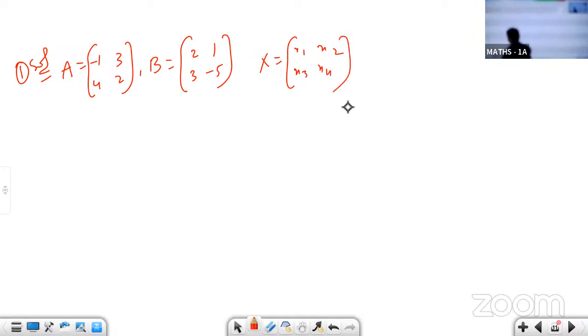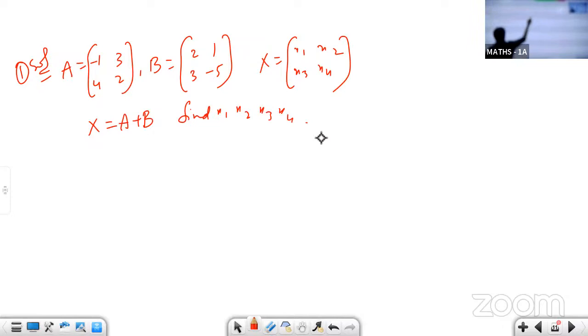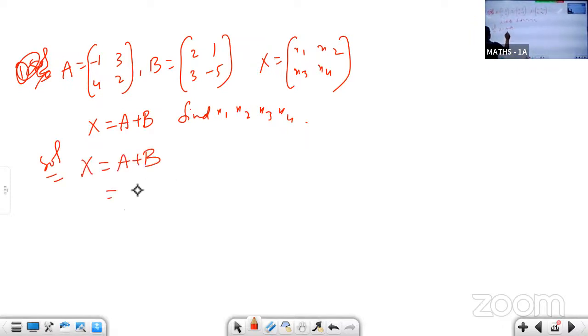What is asked: if X is equal to A plus B, then find x1, x2, x3, x4. Is it clear? These are your given information. So, what is your X actually? A plus B. What is your A? -1, 3, 4, 2.